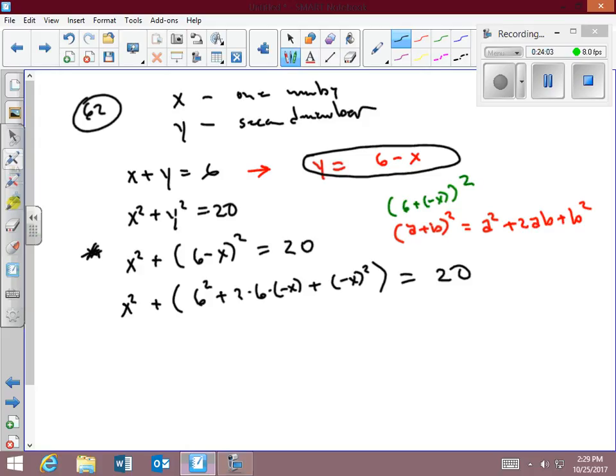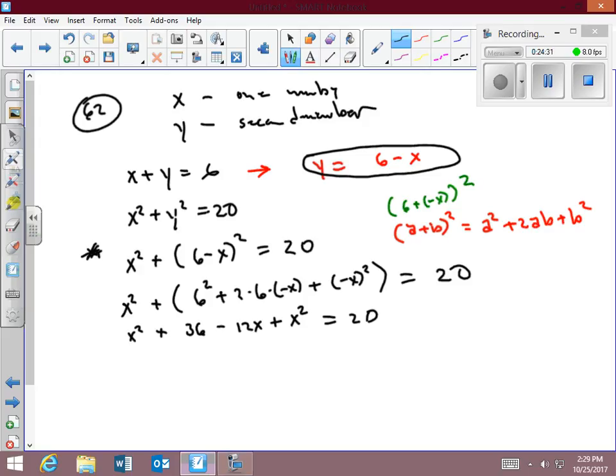And if you have to put down 6 minus x to FOIL it every time, you will not be getting a test done, or not getting problems done. And you got to eliminate a lot of the steps that I'm doing. Here's 36 minus 12x plus x squared, right, equals 20.